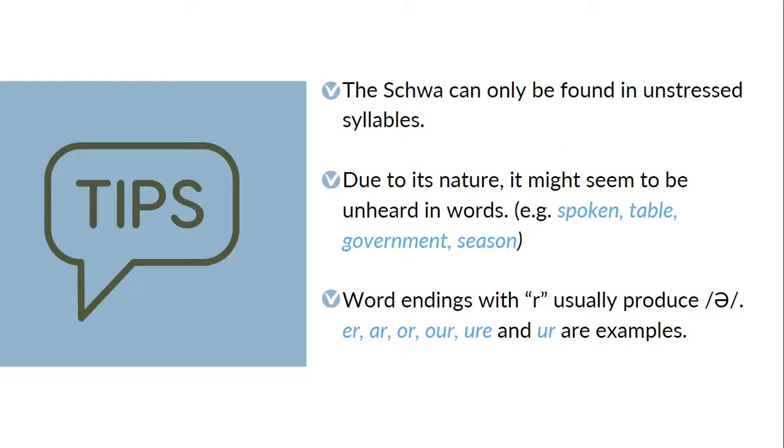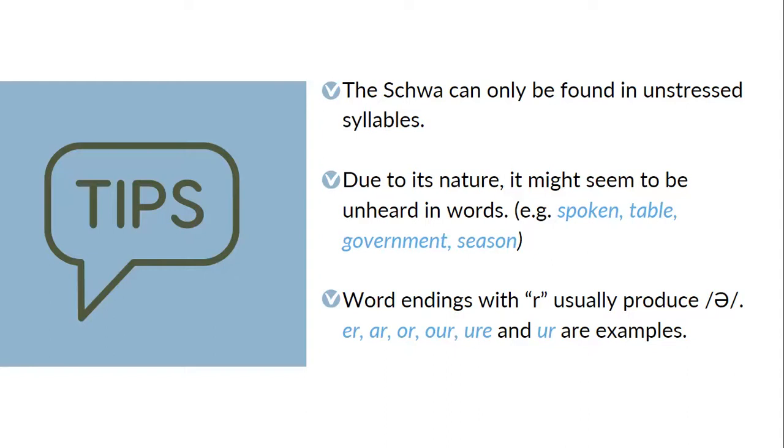So often, due to its nature, the schwa might seem to be unheard in words. For example, in spoken, it's almost as if I'm not saying anything between K and N, but the schwa is there. Because if you don't have the schwa there, it means I'll be saying something different, and that's not what I'm saying. Spoken. Table.